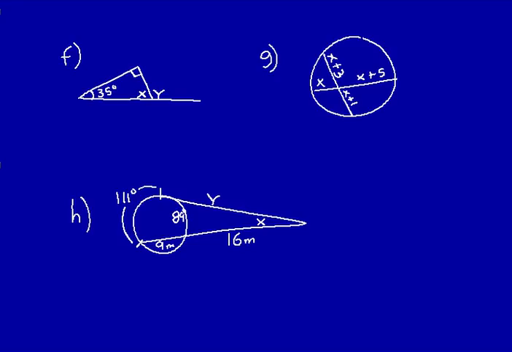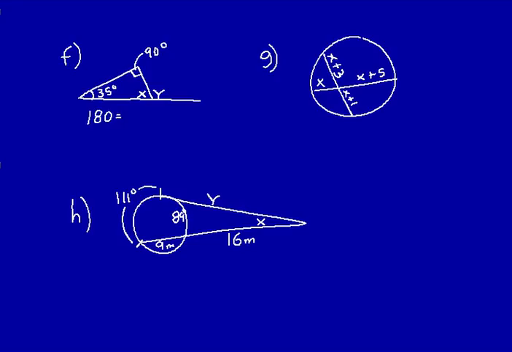In problem F, I want you to find x and y. Well, you should recognize there that you have a right triangle, so that angle there is 90 degrees. And you also know that you have a 35-degree angle inside the triangle, so that means you could figure out x, because you should remember the sum of the angles in a triangle equals 180 degrees.